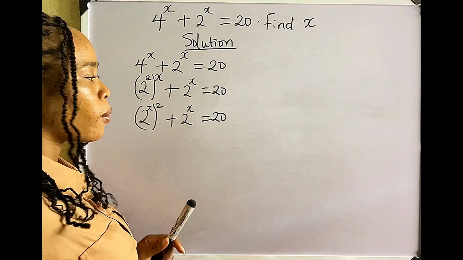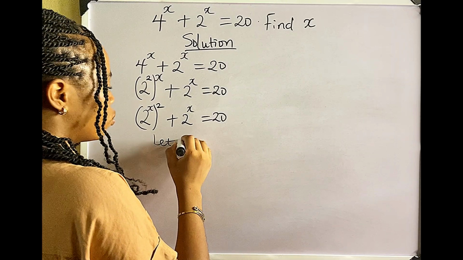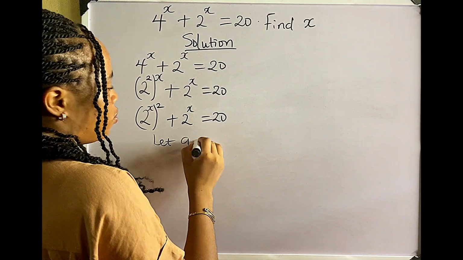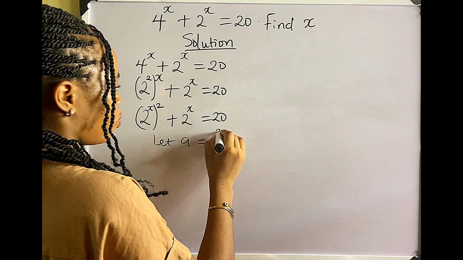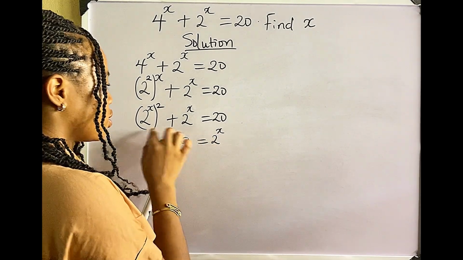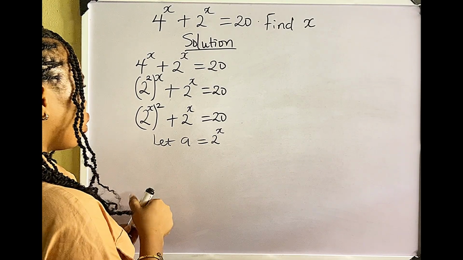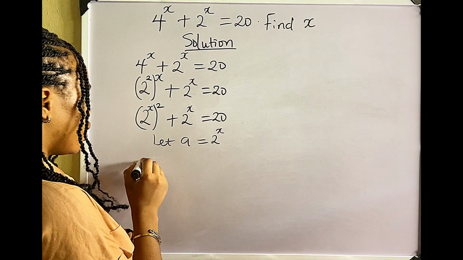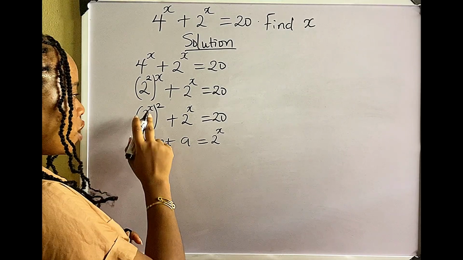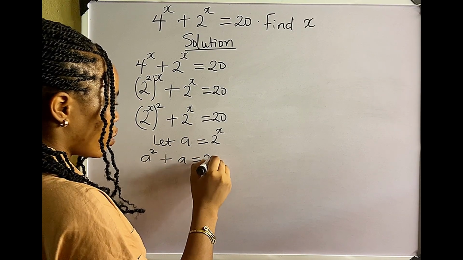Now what I'm going to do, I'm going to assume, let's say a equal to 2^x. So that means anywhere we see 2^x in this equation, we'll replace it with a. So coming over here, this becomes a^2 + a = 20.